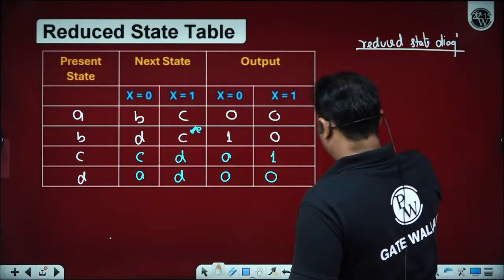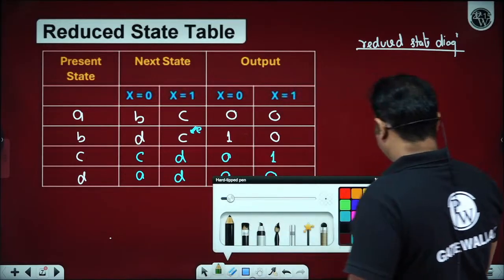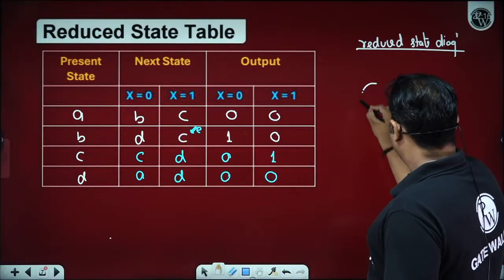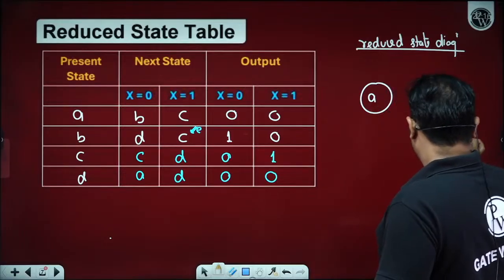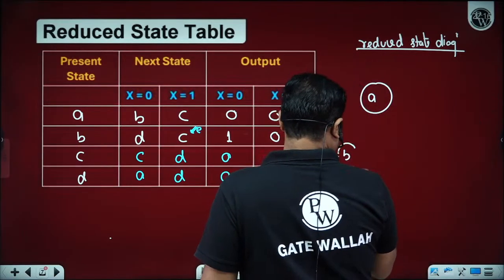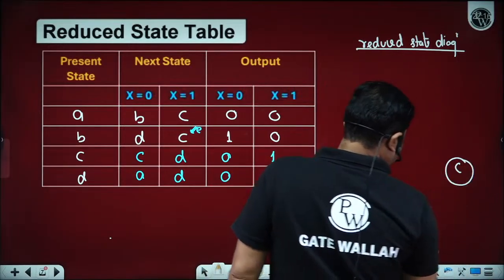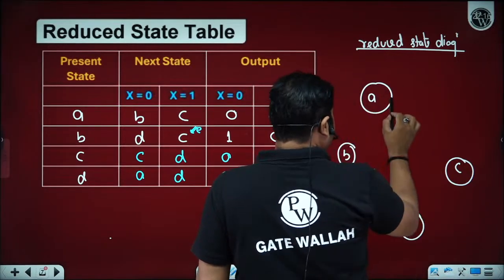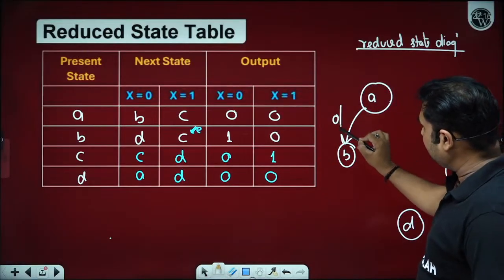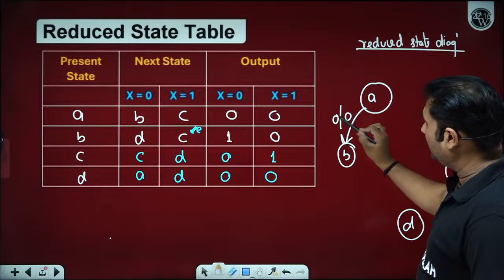So if we talk about the reduced state diagram, please observe, beta ji, I need your response. We have now state A, state B, state C, and state D. With state A, x equals 0, next state is B, output 0.